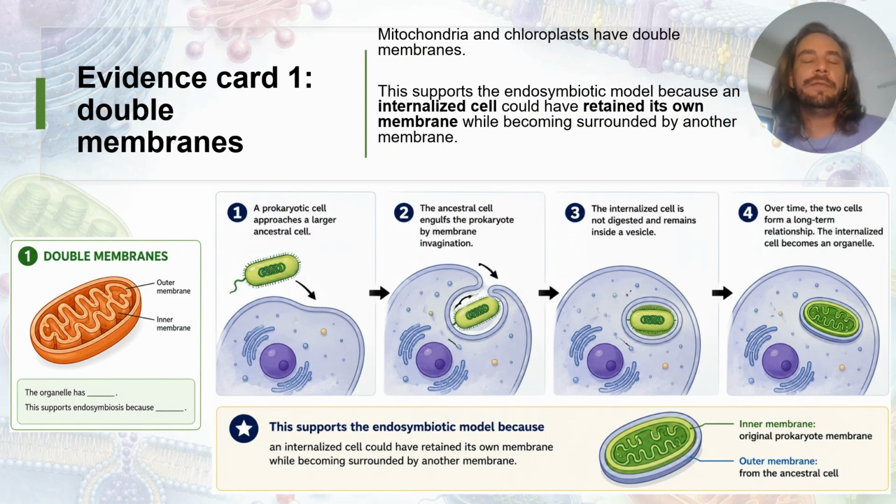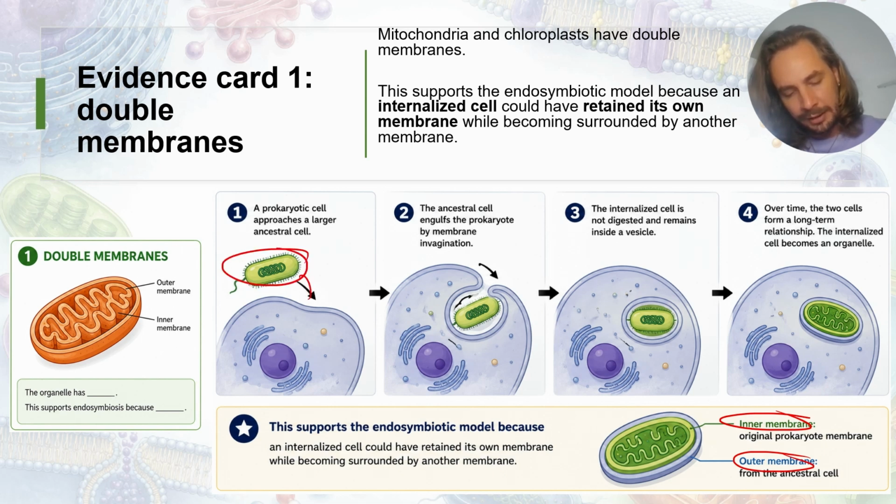So let's look at the first piece of evidence, the double membranes. If I have a double membrane, it means I have an outer membrane and an inner membrane. So how did this come to be? In the process of endosymbiosis, we have a prokaryotic cell that is being engulfed or eaten up by a bigger eukaryotic cell.